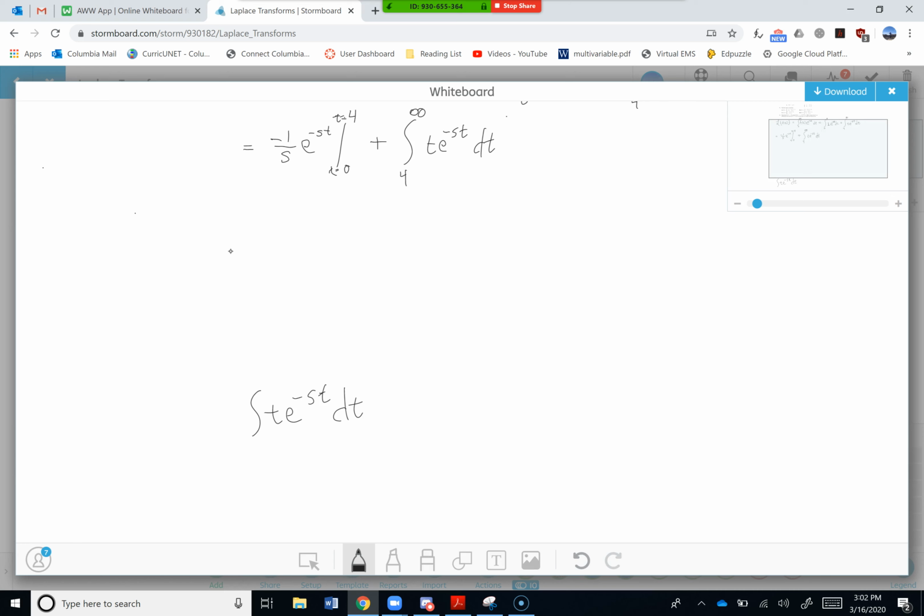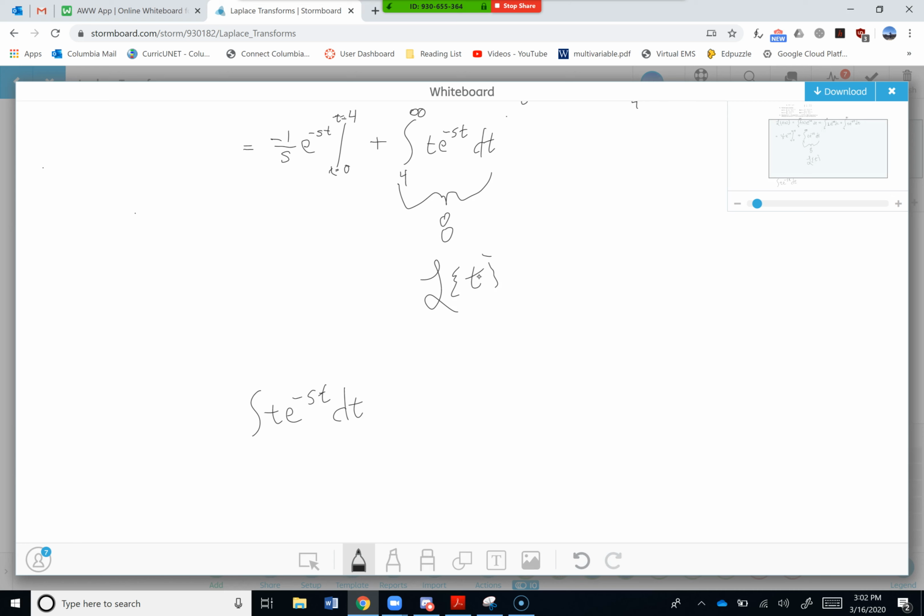Okay, so if you're gonna look at the Laplace table in the back, then you need to recognize that this thing looks a lot like the Laplace transform of t, right? Except it's not.